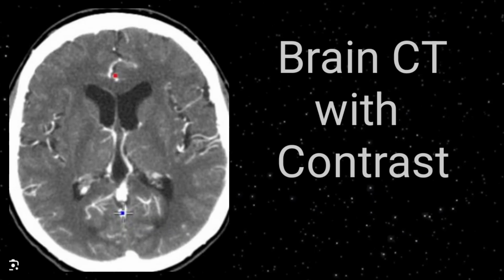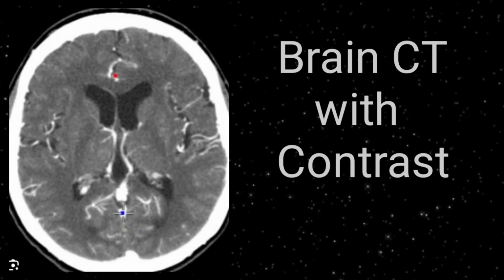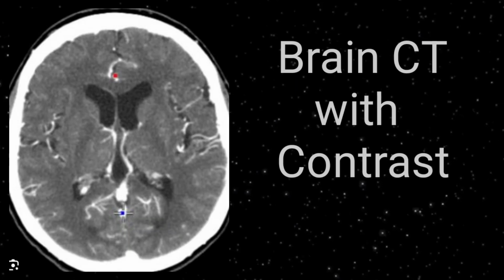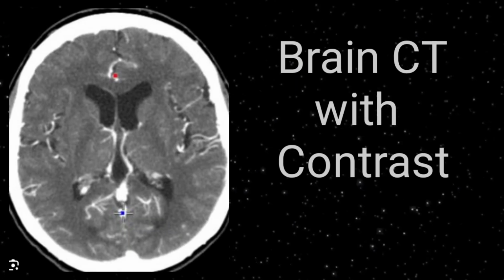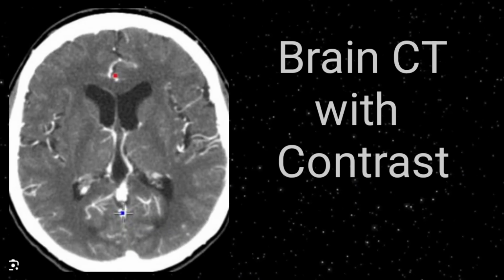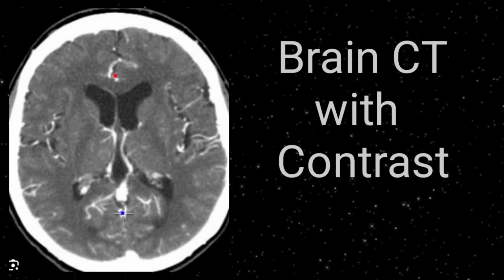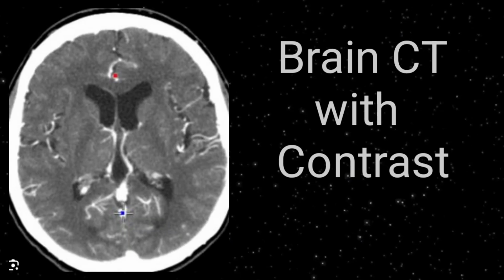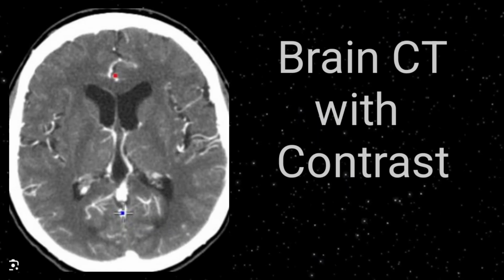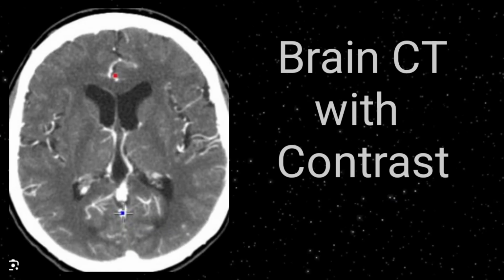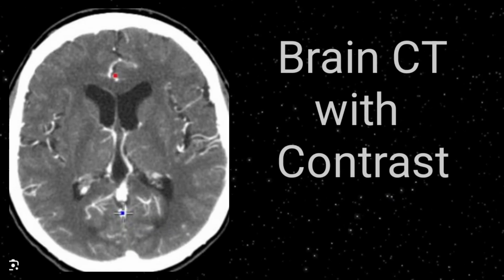That is also called a cisternogram. This is basically used to look for any site of CSF leakage from any defect or from the paranasal sinuses. So this defect can be detected through intrathecal contrast injection. However, the usage is quite limited.